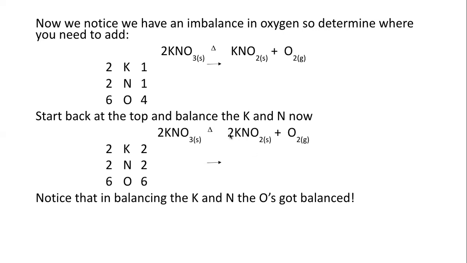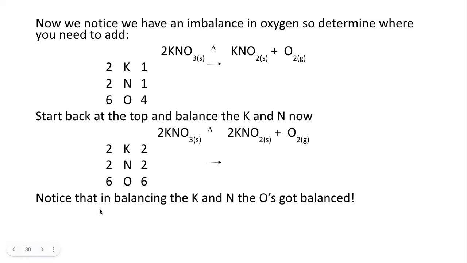So if we put a 2 and count again, we have 2 potassium, we have 2 nitrogen, and now we have 2 times 2 is 4 oxygen. But let's not forget that we also have these 2 oxygen here, 4 oxygen plus the 2 that are in this diatomic oxygen equals 6.